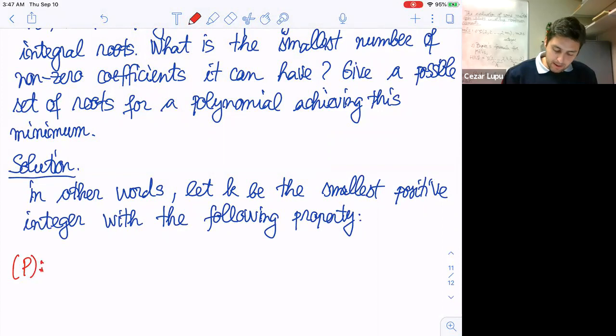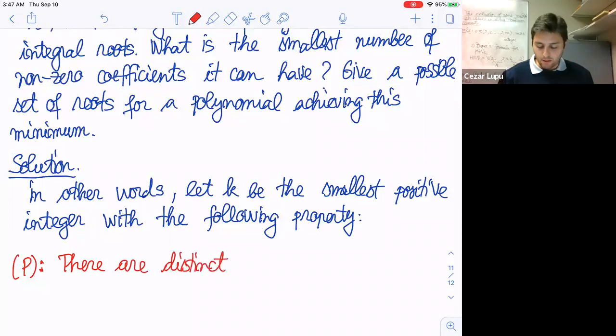The property P: there are distinct integers.